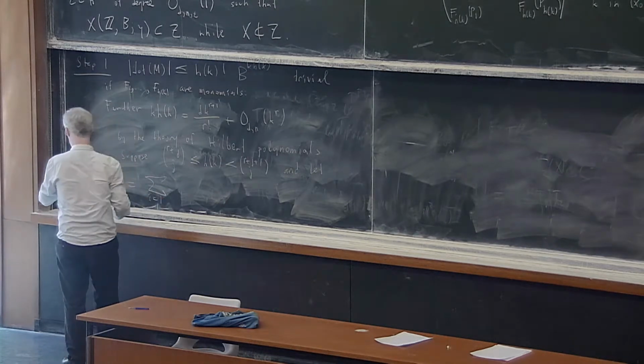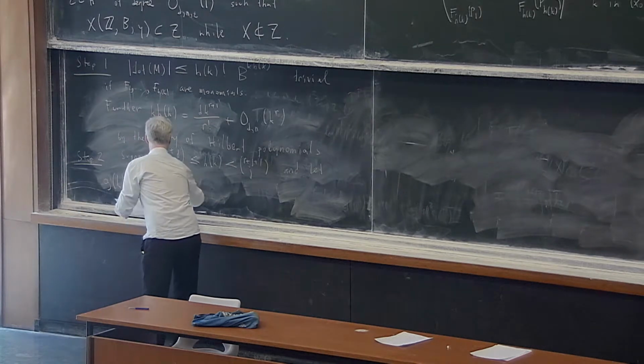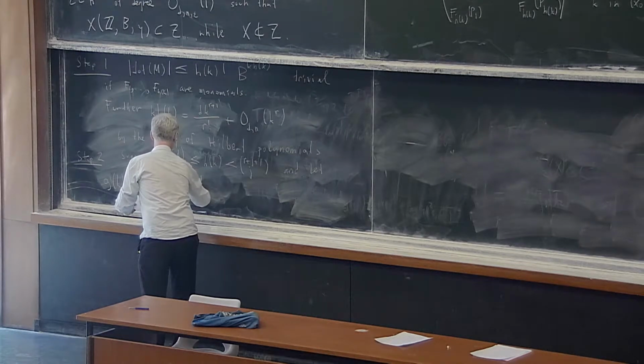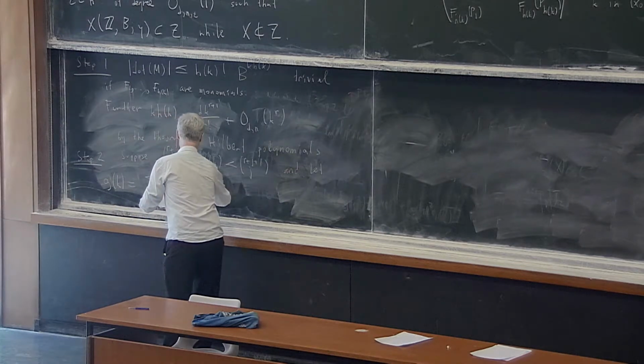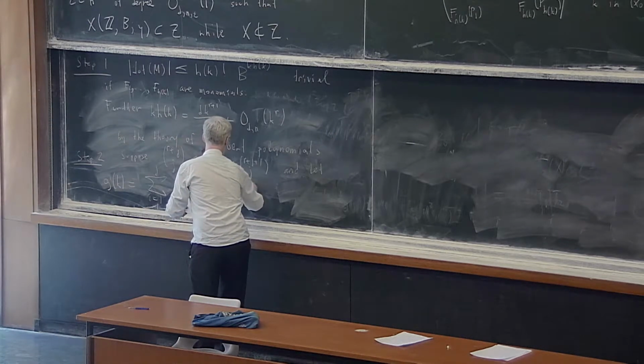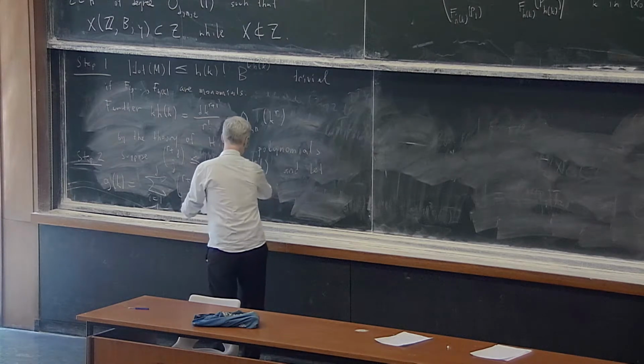So I have i going from 1 to K, and then I have here (r plus i minus 1 choose i) times i, plus, then I take the remaining ones, h of K. You will see in a moment why this occurs.